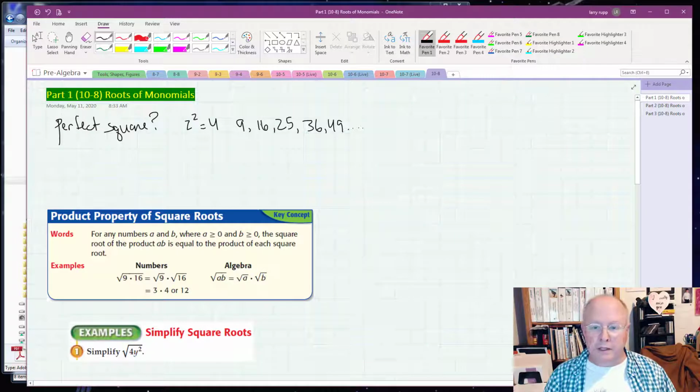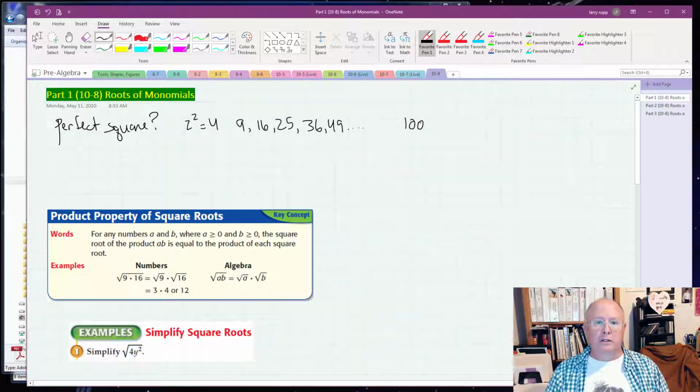So now let's say that we have a value, 100. What two things multiplied together give you 100 but are themselves perfect squares? Well, you look at the factors of 100. There's 1 and 100, there's 2 and 50, 4 and 25, 5 and 20.